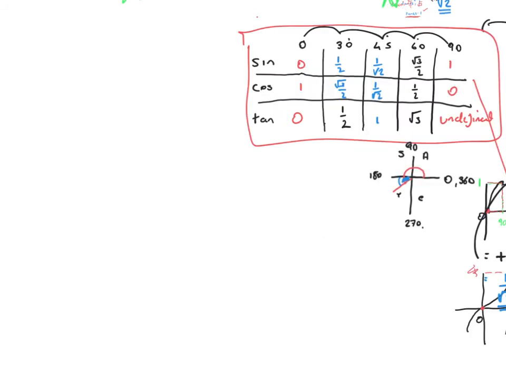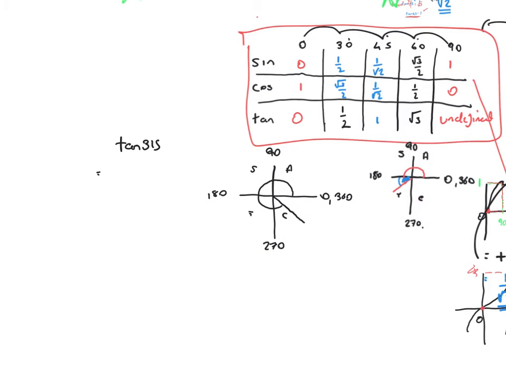Okay, let's try another. Let's go for tan 315. Okay, let's get the cast diagram. 90, 180, 270, 315 degrees.